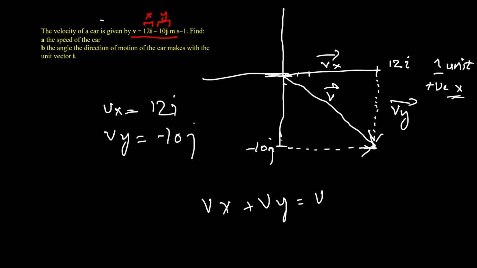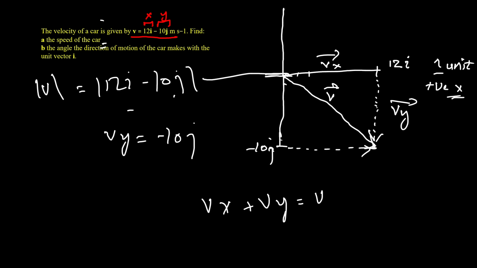Only if we ignore its direction, then the magnitude of the velocity will represent its speed. So the speed of the car in this case will be the magnitude of this velocity. It will be the magnitude of this vector 12i minus 10j.